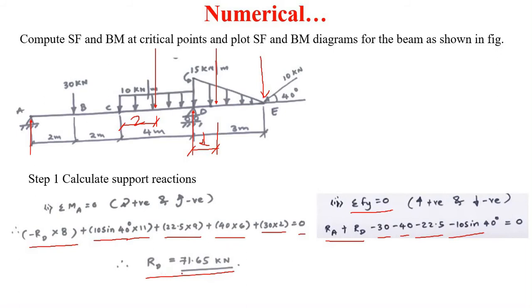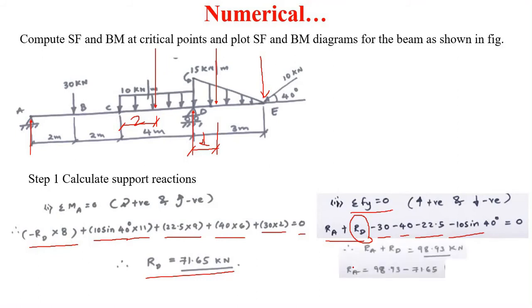Put the value of RD, 71.65 kilonewton, here in this equation. RD is equal to 71.65 kilonewton. Okay, and calculate this RA. Find out the RA. Yes, tell me the value of this RA.